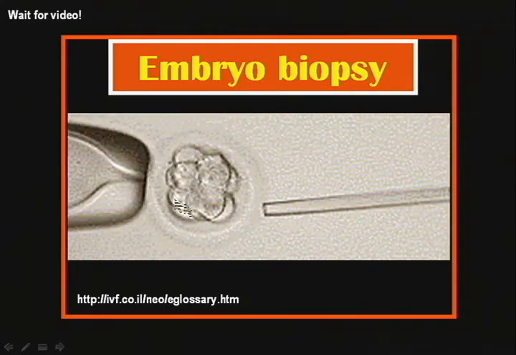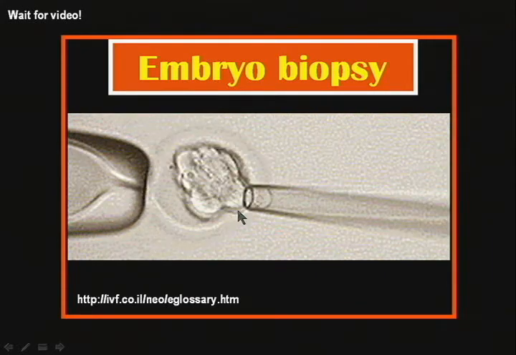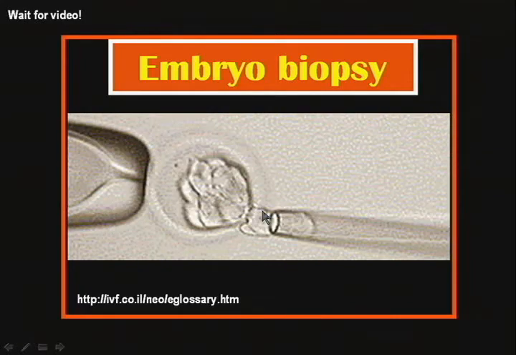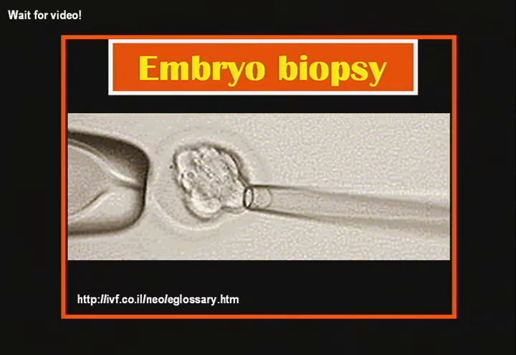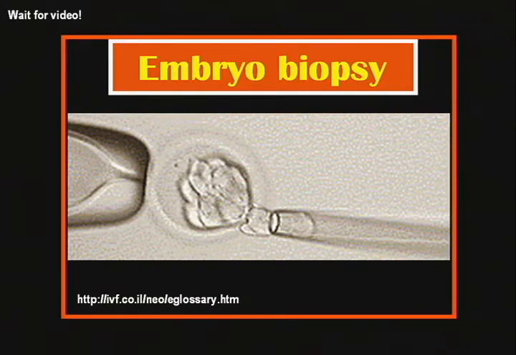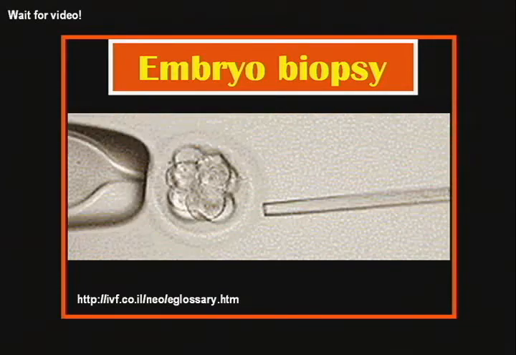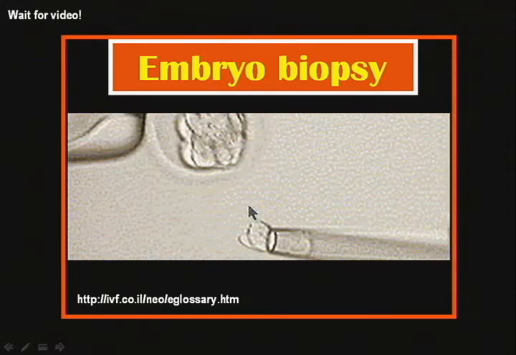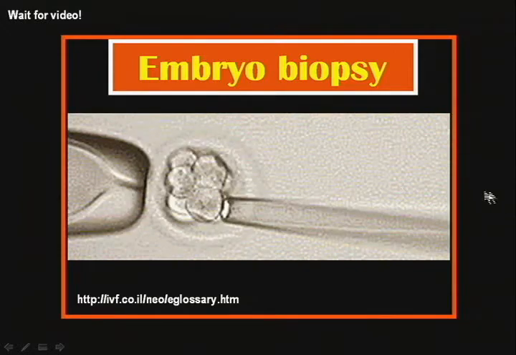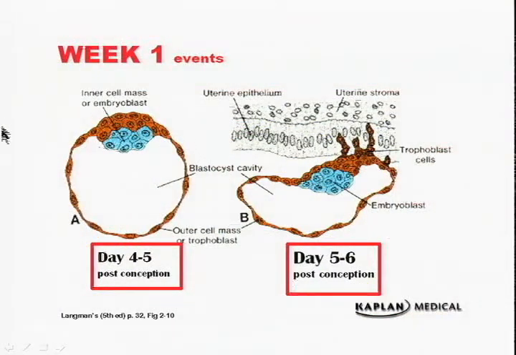This is the morula. And if you take one of those cells from the morula, each of those cells is totipotential, and you can do pre-implantation genetic diagnosis on one of these cells, and you will not interrupt the normal sequence of development. So here we have the blastocyst.